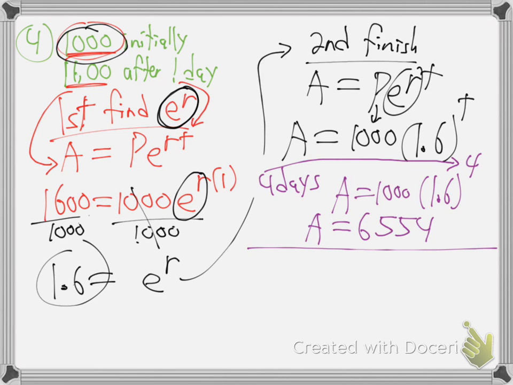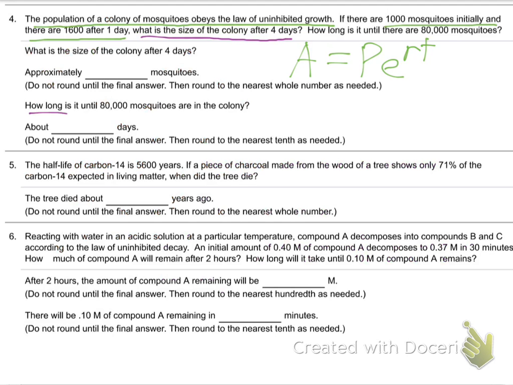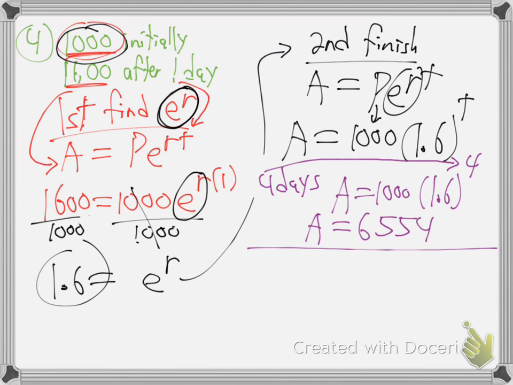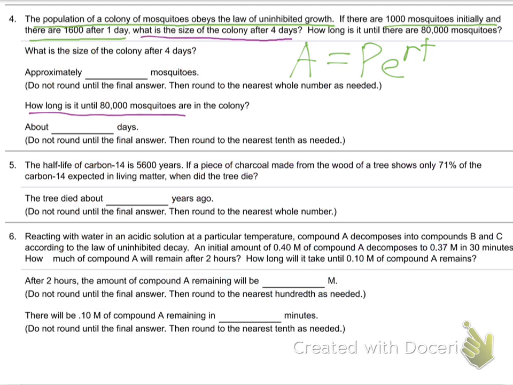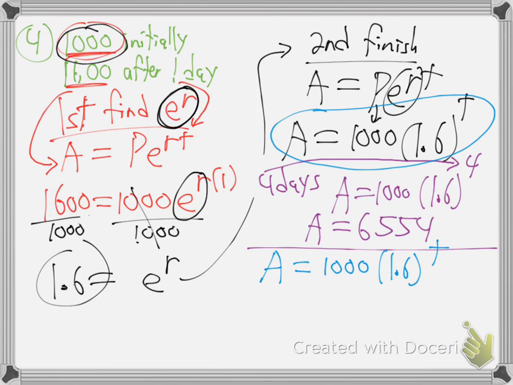Now the second question, they say, how long until 80,000 mosquitoes? So 80,000 mosquitoes. Now you're going to use the same formula, this formula. Again, going to answer all of our questions with this thing. Right? And they say, how long till 80,000 mosquitoes? So they want the amount over here to be 80,000.